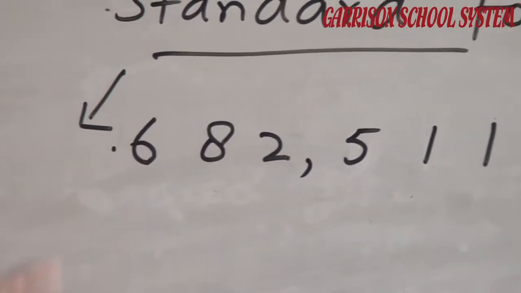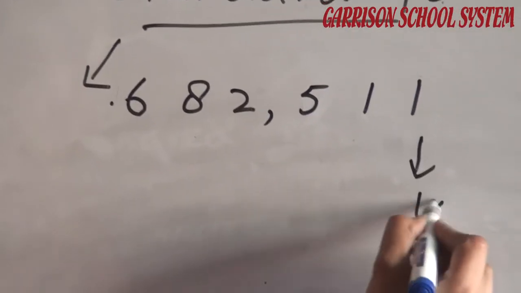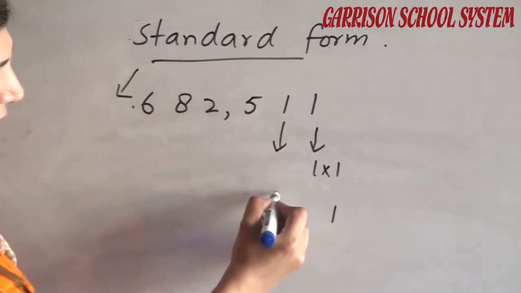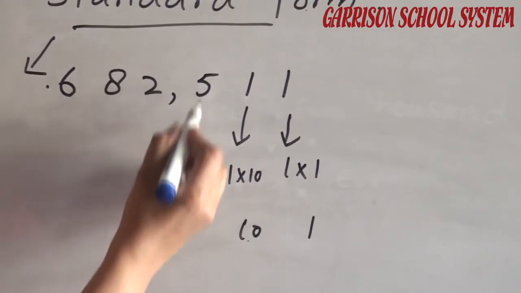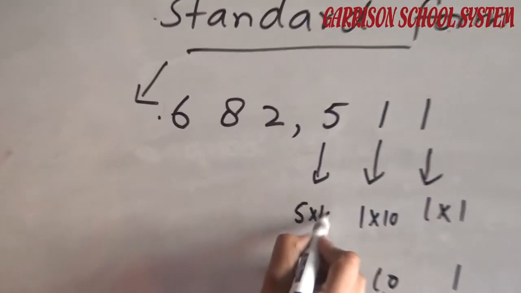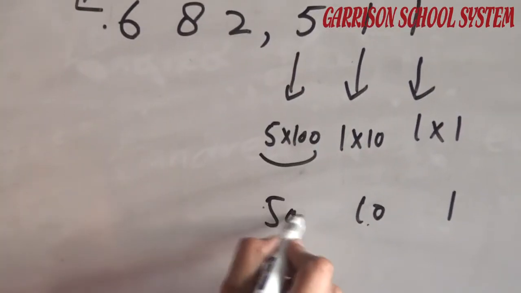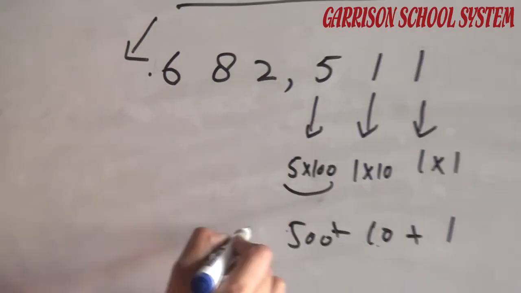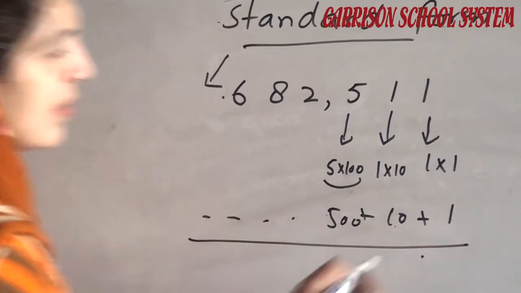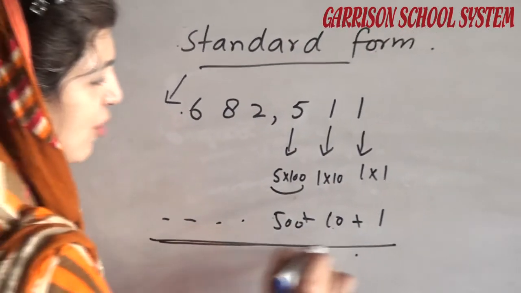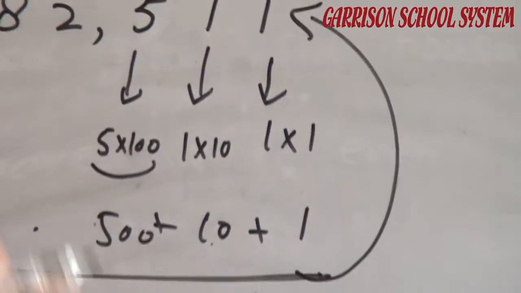For example, when we write the place value in this way, as I have told you, the digit 5 gets multiplied by 100, and the place value of this 5 is 500. When we add all these numbers, this will become the standard form.